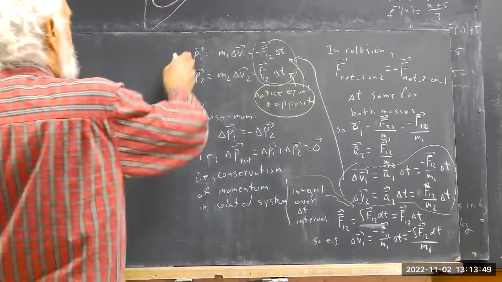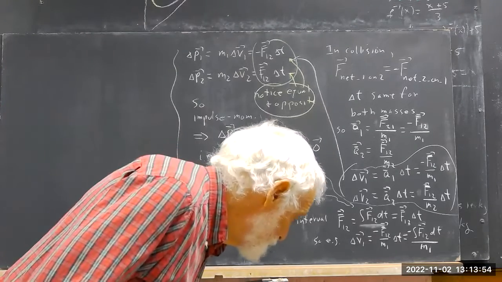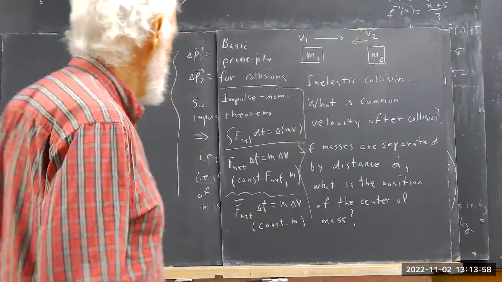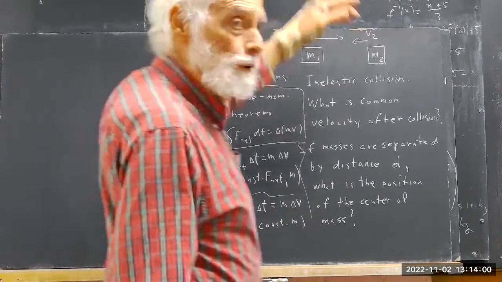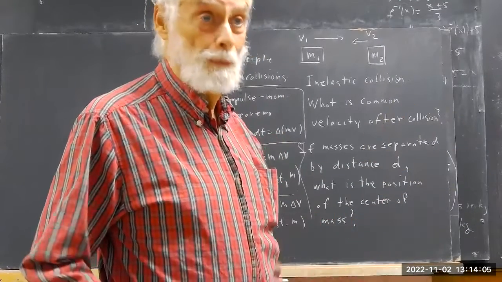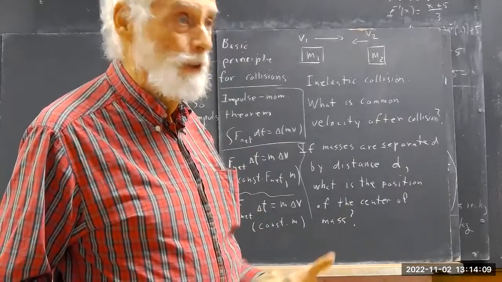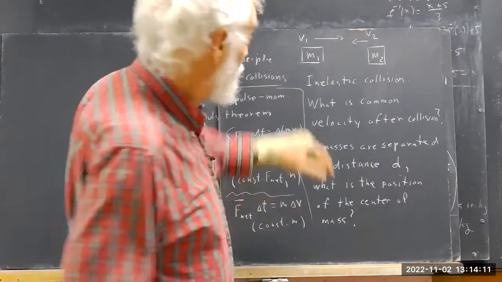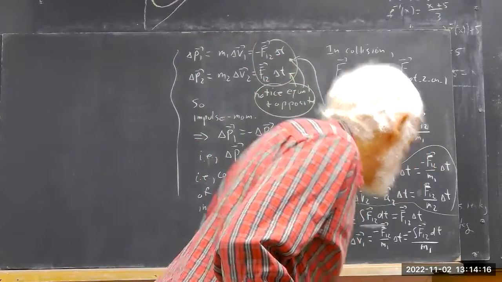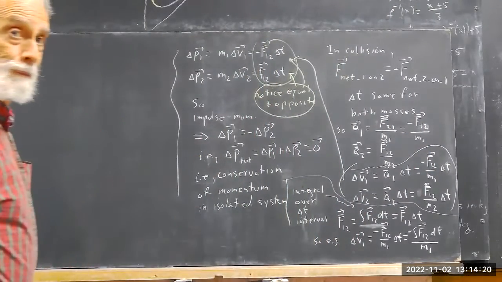So all this is involved in analyzing this. What you want to use is M1V1 plus M2V2 equals M1U1 plus M2U2, or whatever symbols you're used to seeing. You can invent your own, but you have to use somebody else's symbols, that's kind of conventional. How does that come out of this?